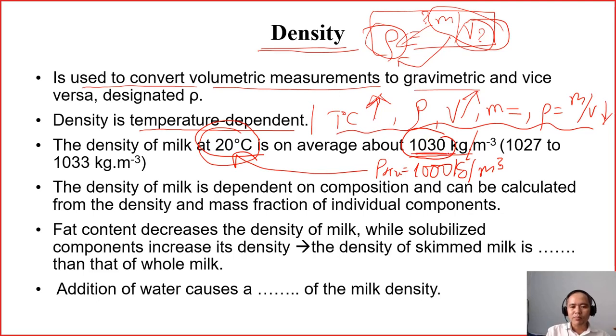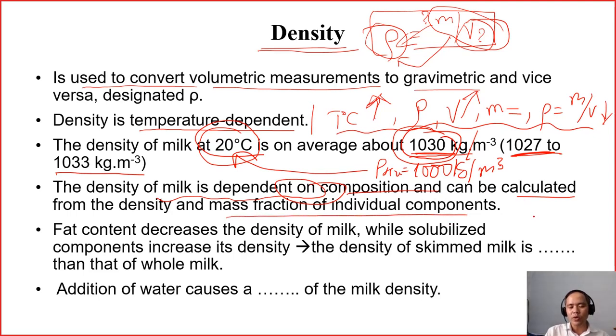The composition of milk is influenced by a number of factors we already discussed. So that is why the actual density of milk is in a range of values from 1027 to 1033. But 1030 is the average density of milk. And the density of milk is dependent on the composition of milk, of course, and it can be calculated based on the density and mass fraction of each component.